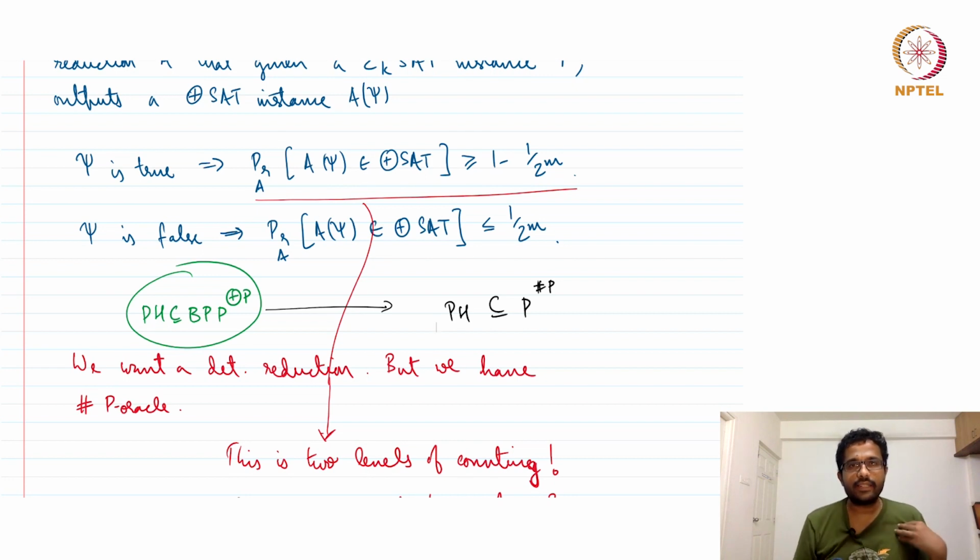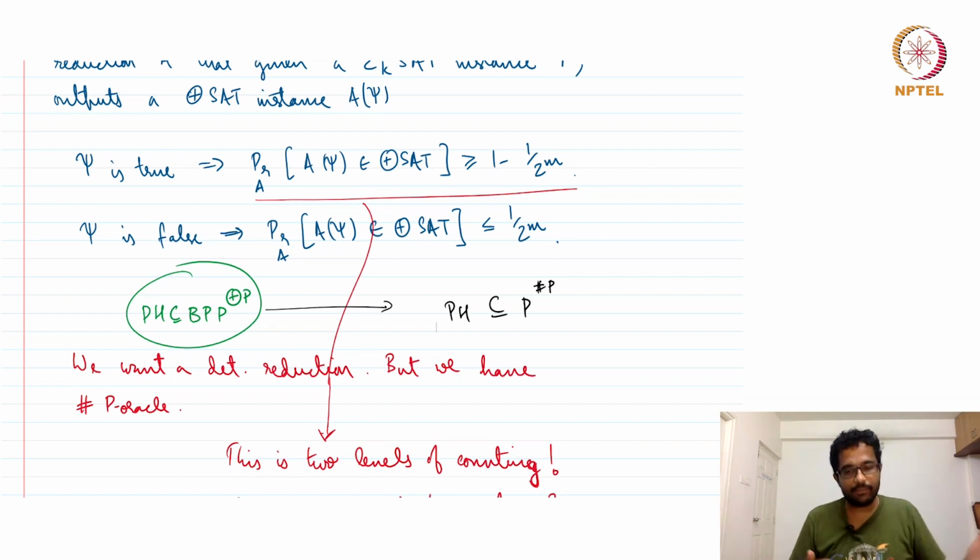And then we are saying that the probability that this is accepted is greater than 1 minus 1 divided by 2 power m. So let's say we use r random bits, right? Which means 2 power r possible choices, and out of that we are saying that 1 minus 1 divided by 2 power m fraction of all the possible choices.